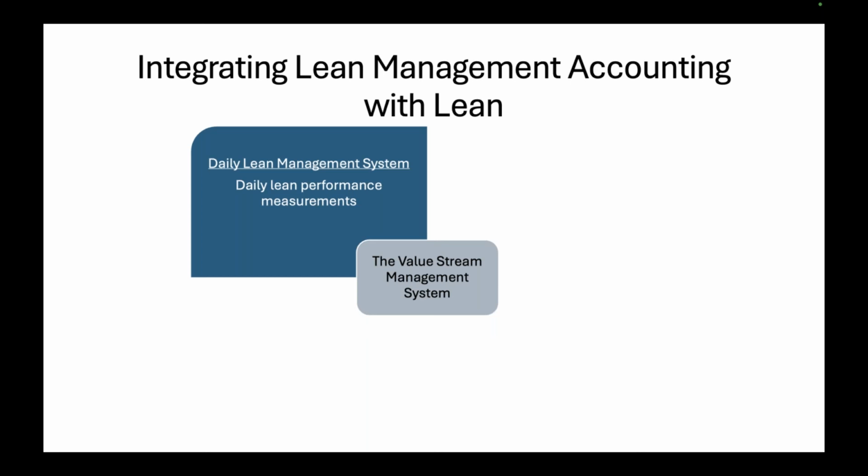What I like to say when I'm working with companies is that your daily lean management system, like your huddles and your visual boards, are leading indicators of both good financial results and maybe not so good financial results.